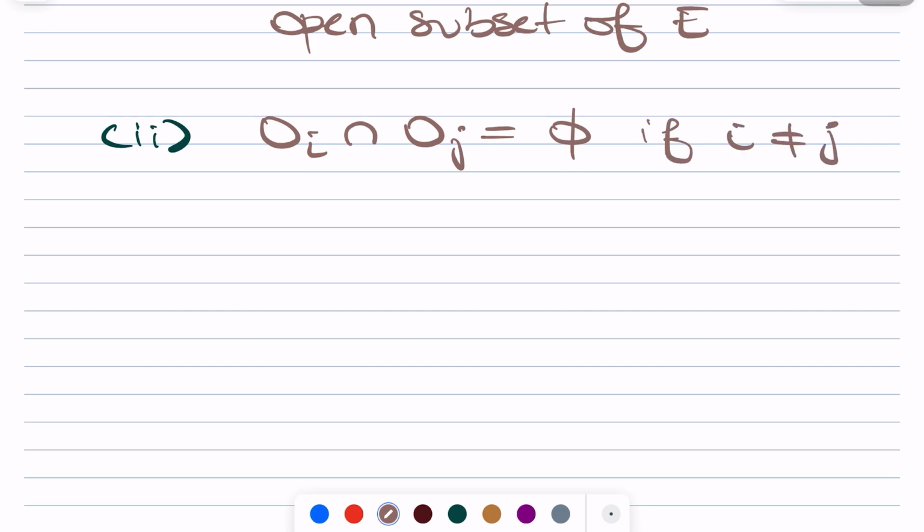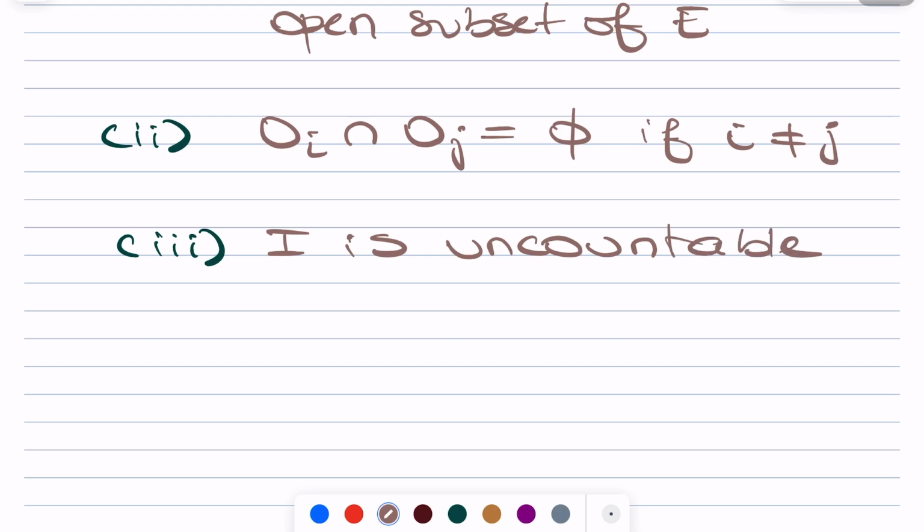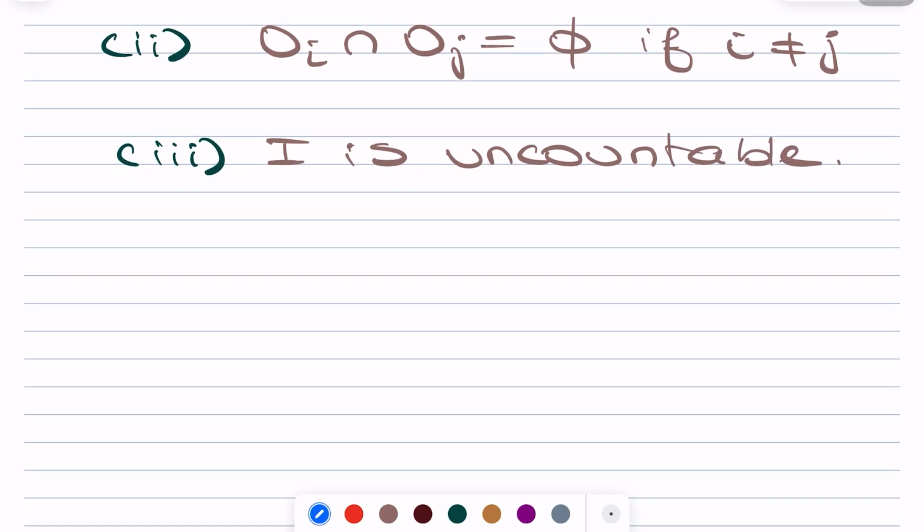And finally, number 3, the index set I is uncountable. In this case, E is not separable.